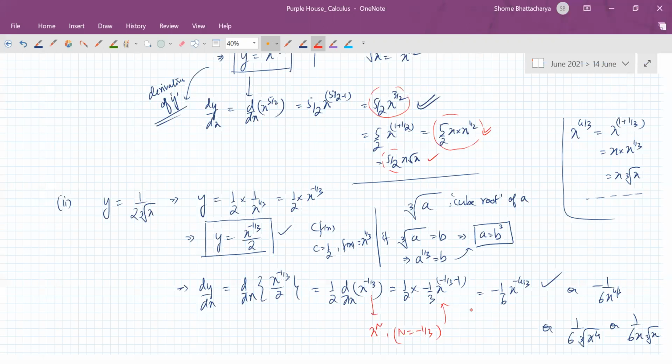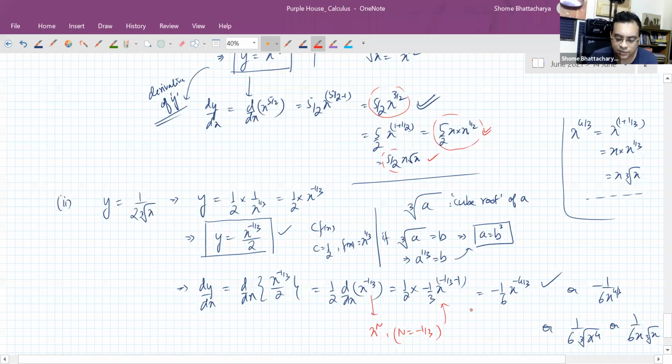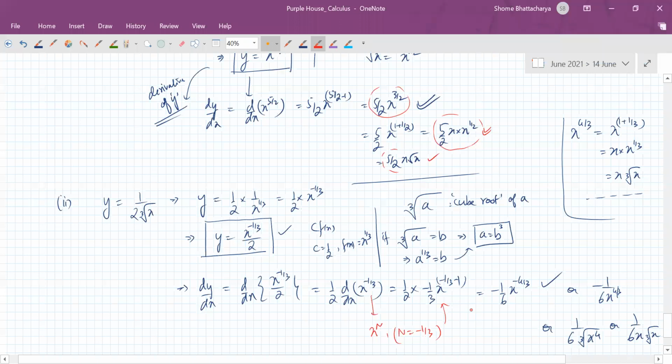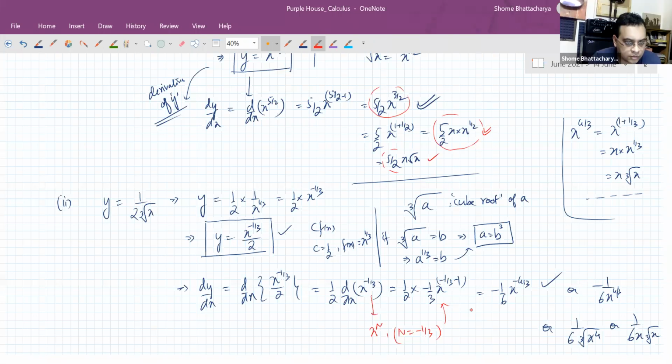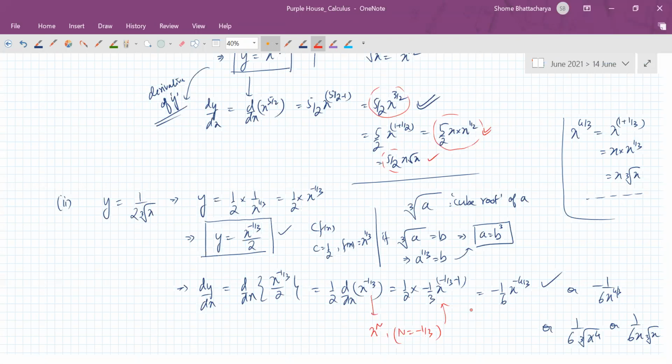Sir, minus 1 divided by 6x raised to 4 upon 3. So 4 upon 3, that 3 has become the cube root now in that answer.